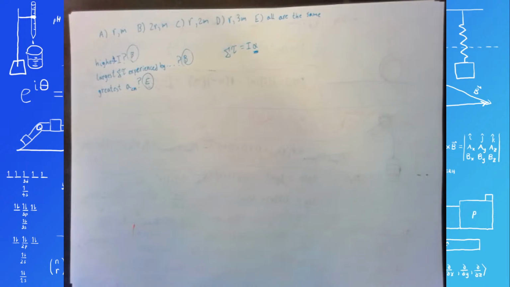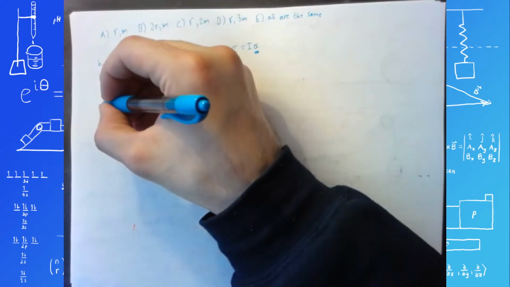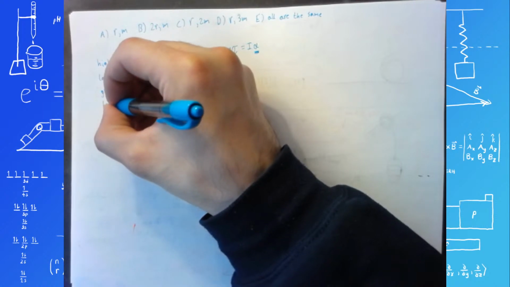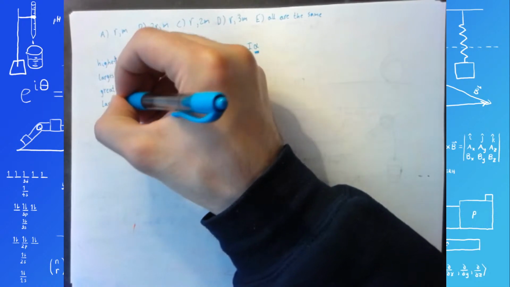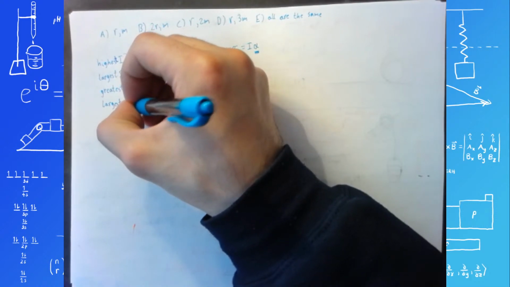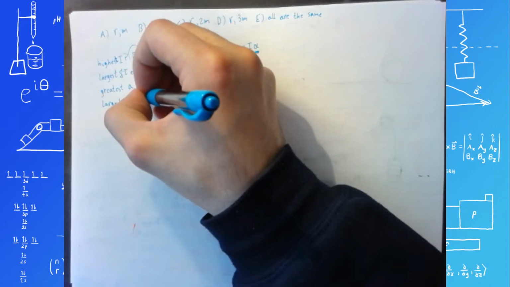Oh, there's a fourth and fifth question for the same scenario. Hold on. If allowed to roll down the incline, which object will have the largest speed at the bottom of the incline? We already talked about this. They're all the same. Largest speed, VCM, all the same.